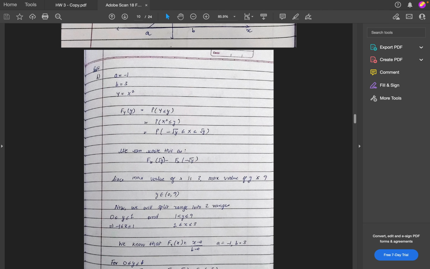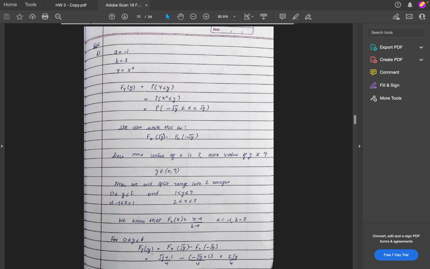And also we know that x can take values from minus 1 to 3, therefore y can take values from 0 to 9. So we will split the range of y into two parts. First, we'll consider the 0 to 1 range.